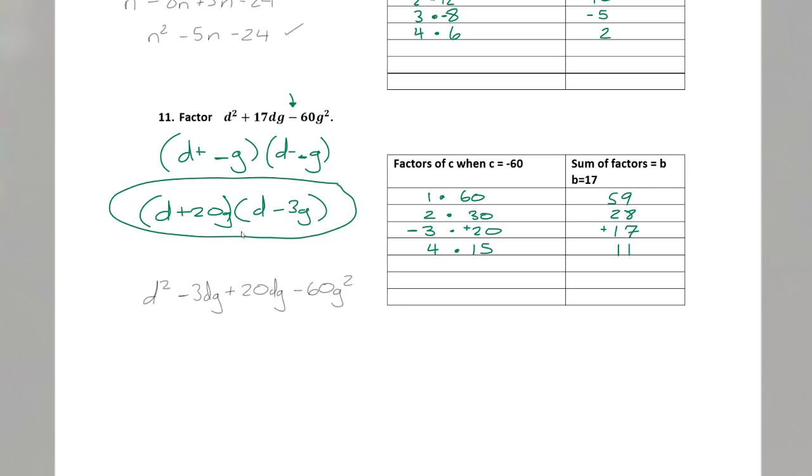I know I didn't put the g's when I said 20 times -3, but it's positive 20g, -3g, is -60g. Simplify these two right here. We got d squared plus 17dg minus 60g squared. Does this match up? It does. So our solution is good.